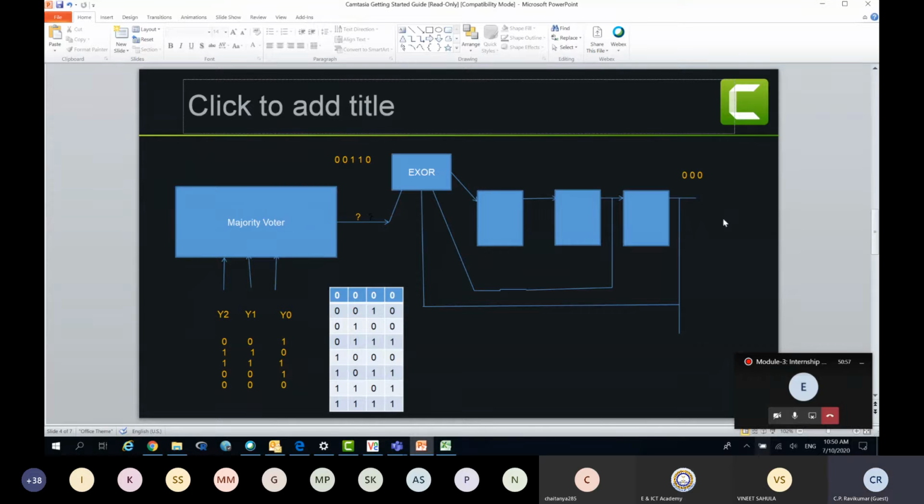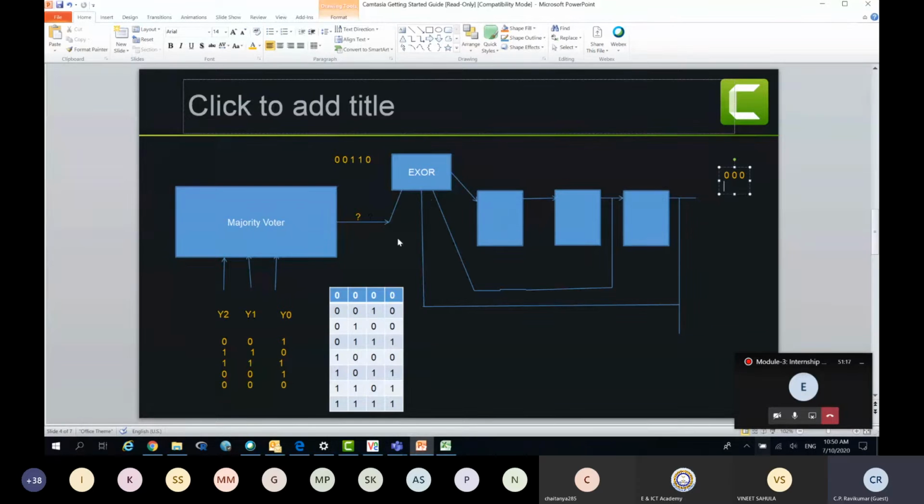So now let us simulate and tell what the output here is going to be. What will the LFSR be? So we initially reset the flip-flops. Okay. I am going to make an assumption that the inputs to the majority voter are also coming at the same clock rate.